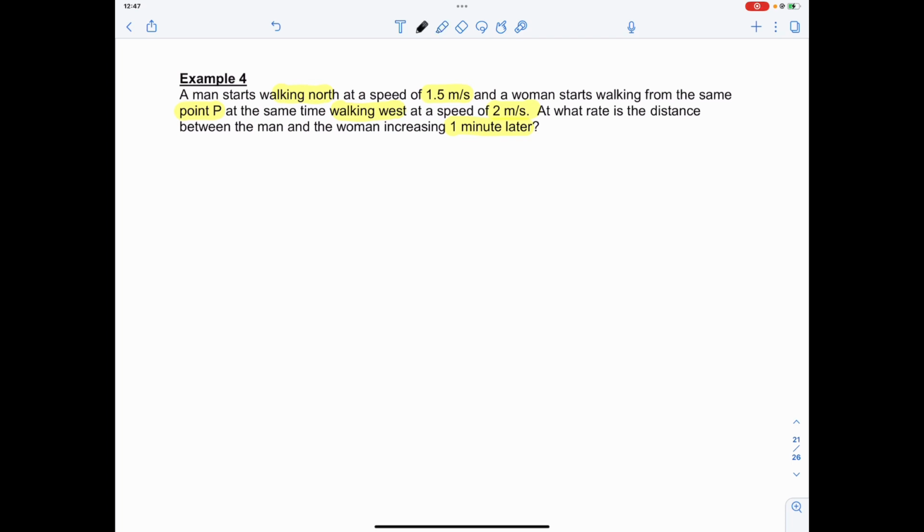Well, if they're walking north and west, then I can take it on a compass.